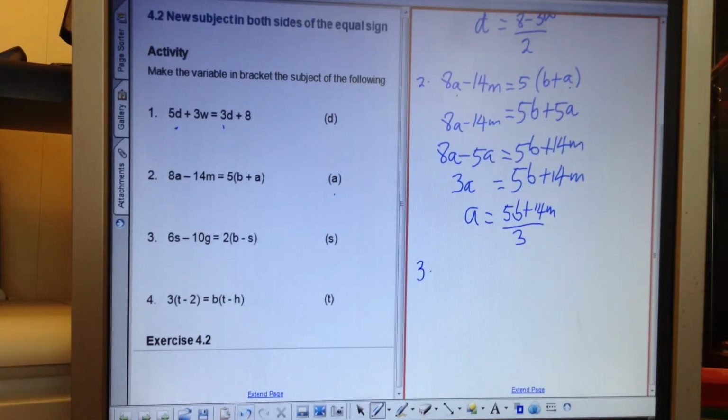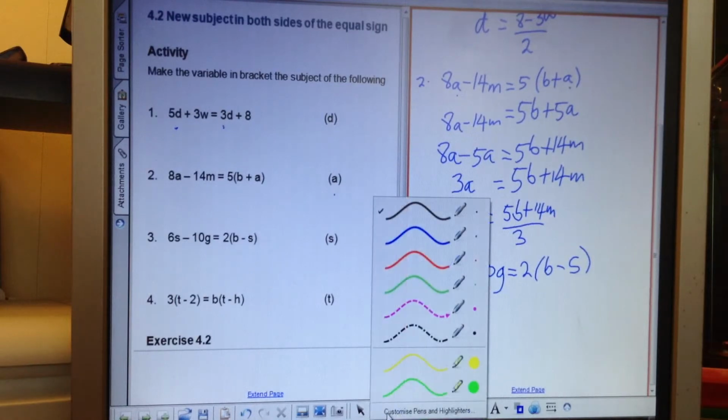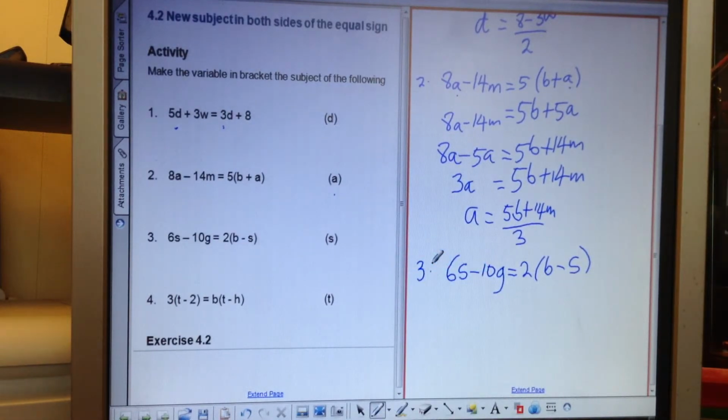Number 3. 6S minus 10G equals 2B minus S. Now over here I'm going to use two methods. The first thing I've noticed is this is an even number, this is an even number, this is an even number.